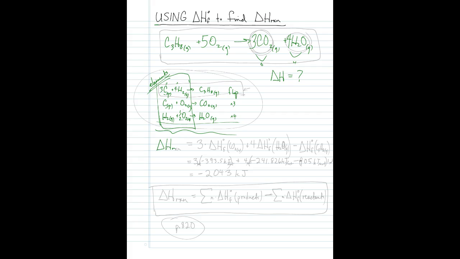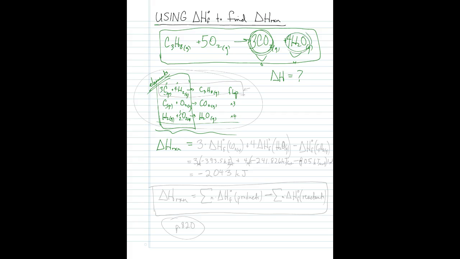Delta H of reaction for our first equation, for our propane burning to make carbon dioxide and water, is going to be the delta H of formation of the products. We're going to make them from there. In our target equation up here, we're going to make 3 carbon dioxides, and we're going to make 4 waters.